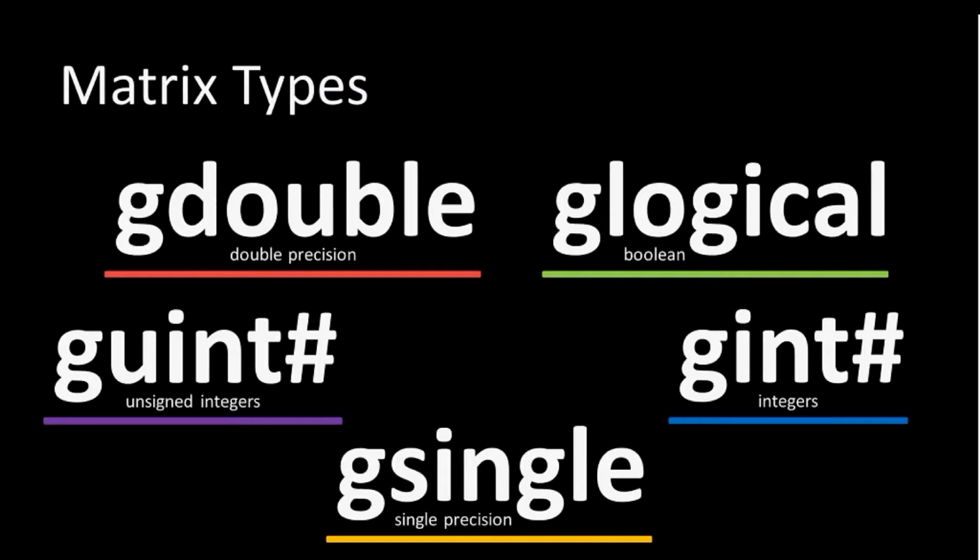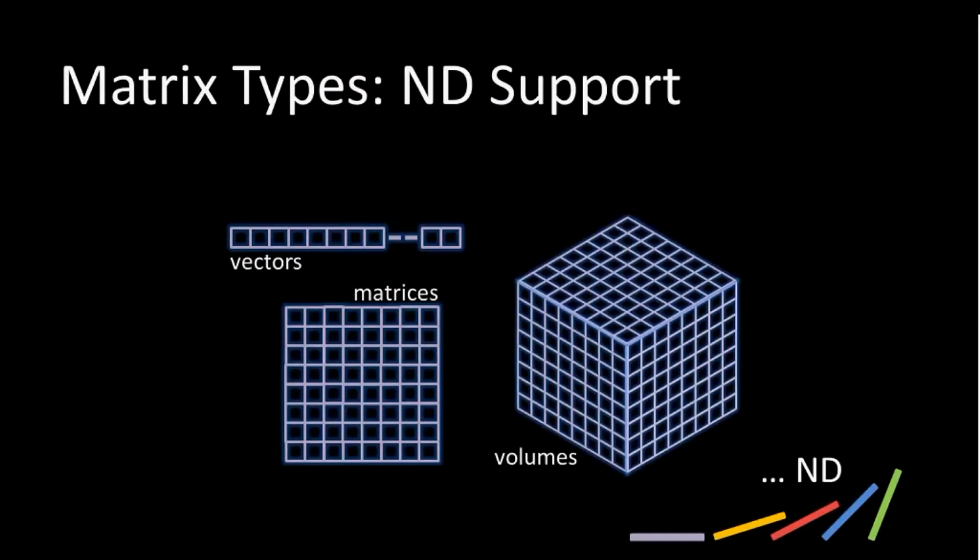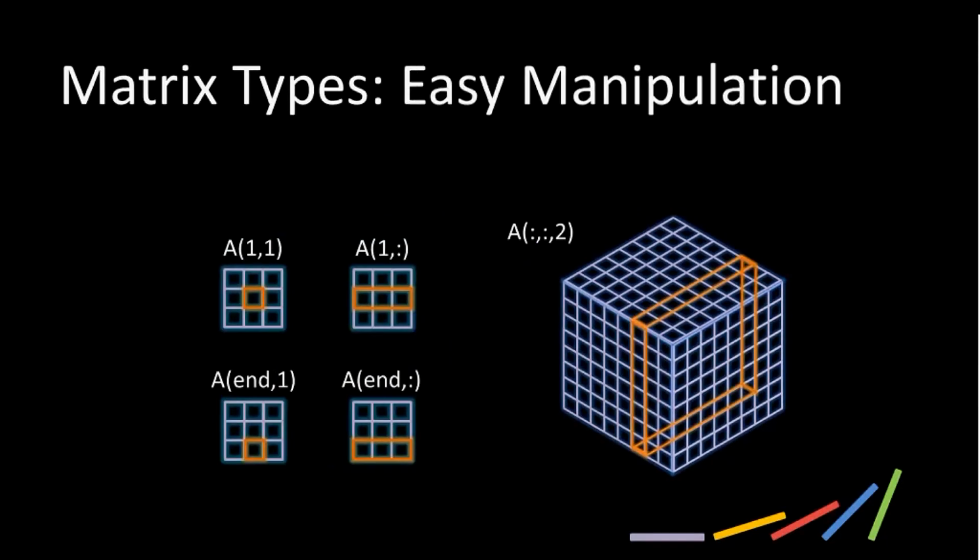So we have double precision, Boolean, integers, and single precision. Likewise, through Jacket we can support vectors, matrices, volumes, and n-dimensional data structures. You can do the same sorts of computations out on the GPU with the same data types that you would need to do to get your algorithms done today. They're easy to manipulate. Subscripted assignment and subscripted referencing are supported so that you can pull out rows, vectors, columns, intricate subscripting patterns out of your data set.